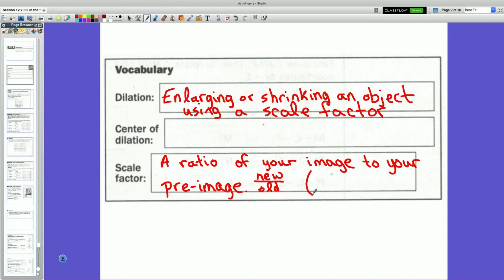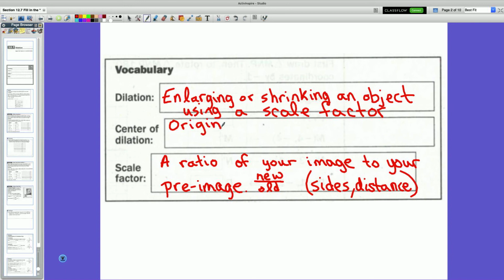And generally when we're doing this, we talk about side lengths or distances, not things like area. Also, in order to do a dilation, generally we say that there's a center of dilation. For this class and purposes of this lesson, our center of dilation is always going to be the origin.